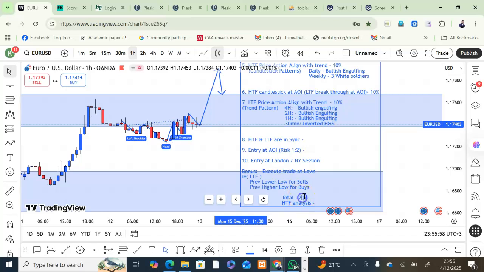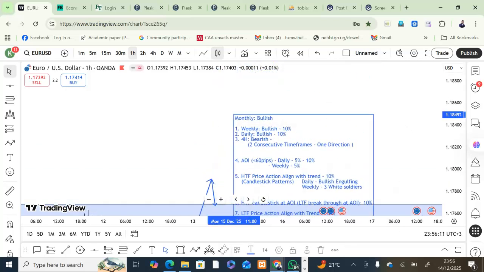So 60%, we are not sure, so we don't take the trade. If it is 50%, then don't take the trade because that is 50-50. So don't take the trade. So you have to always wait for such confirmation, and that we can go for the trade.